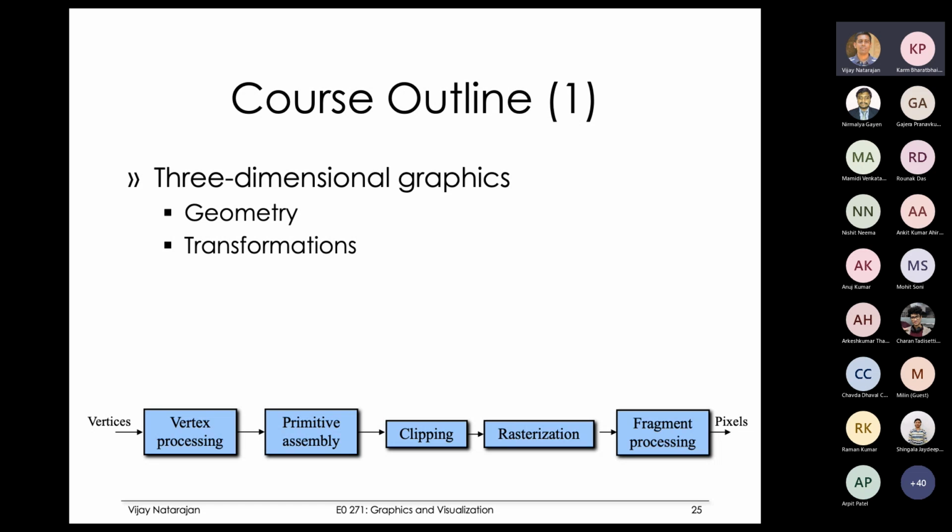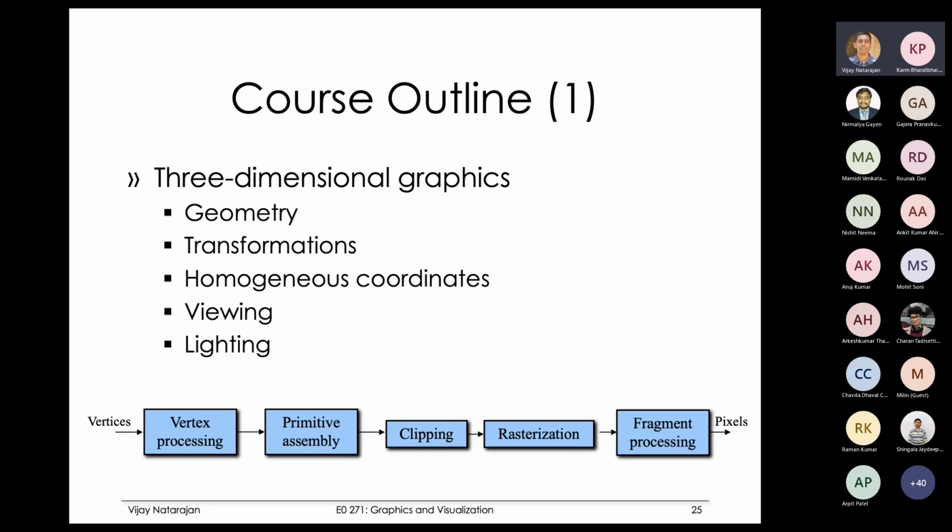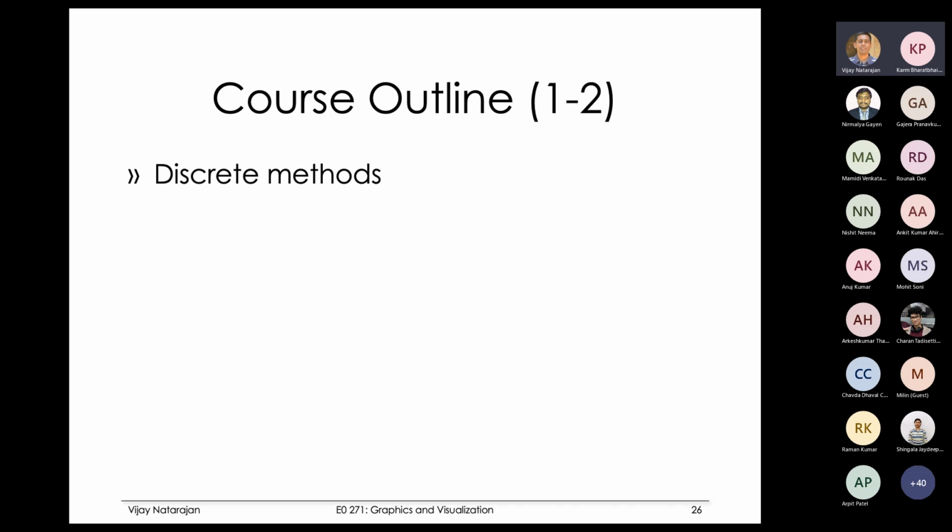So we will study the basics of geometry, transformations, what is called homogeneous coordinates, lighting, and what's called viewing, so camera transformations. After that, we will move on to some advanced rendering techniques, where in order to generate high quality images, you need to incorporate things like a wallpaper.